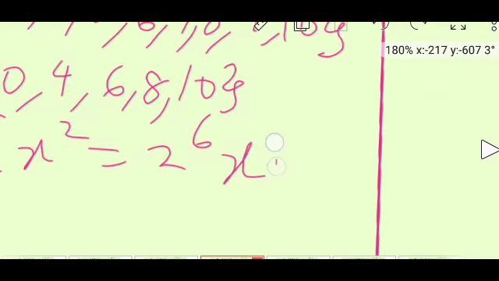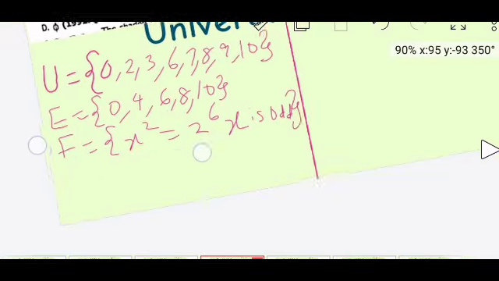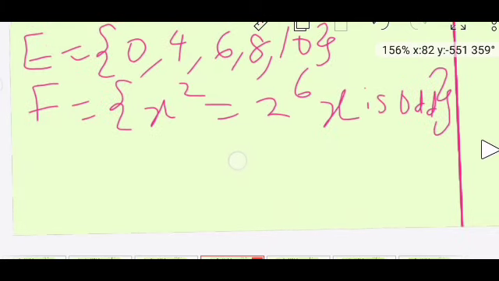So according to our law of indices, we can just simplify it and get that x equals 2 raised to the power 3. We can cancel the raised to power 2 out, and we get x equals 2 raised to power 3.